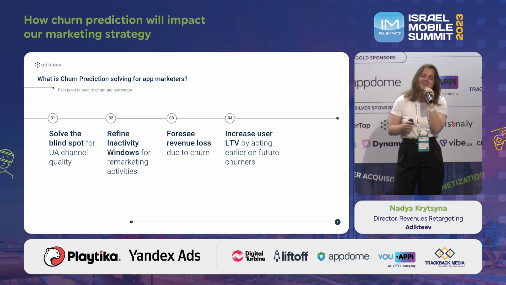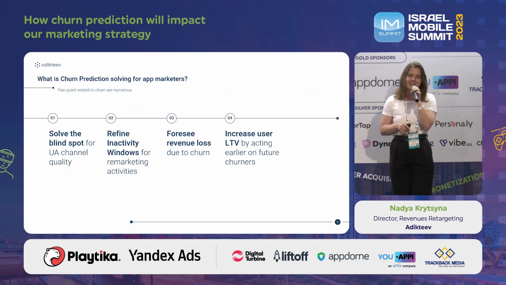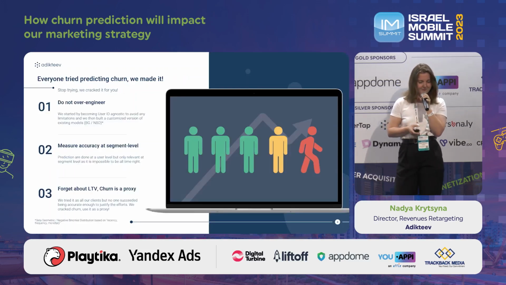But for gaming, it's one of the classic cases. They're really paying a lot to acquire payers, and then they want to do maximum to keep them safe in the application, purchasing and increasing the LTV.